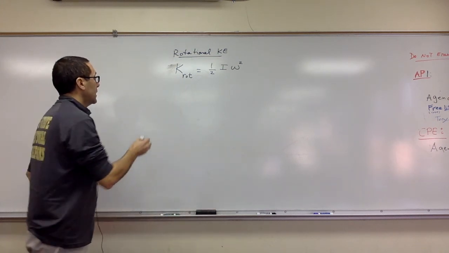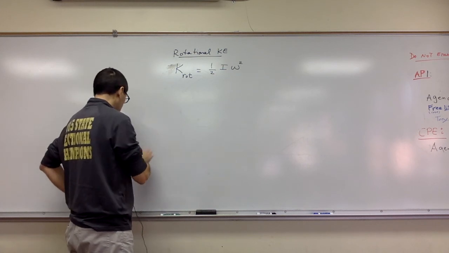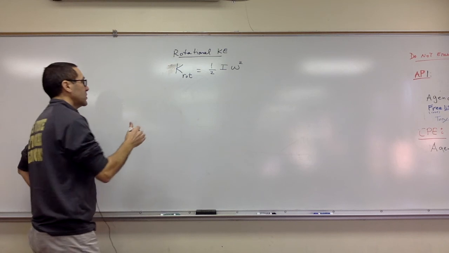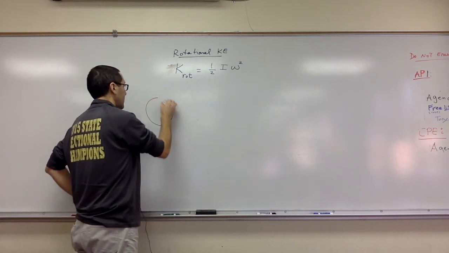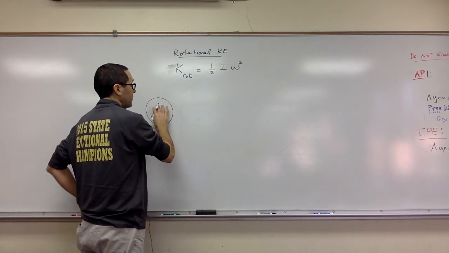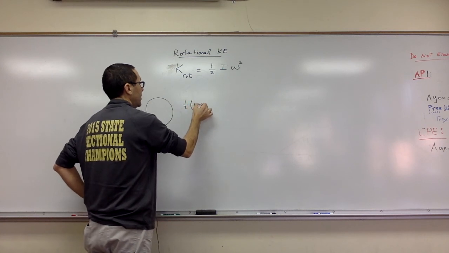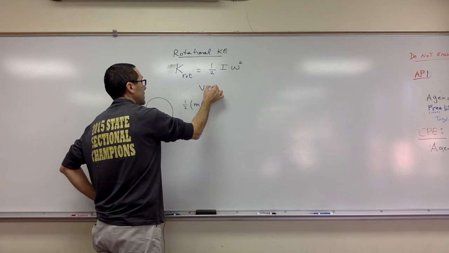All right. Now, I'm going to do a shortcut here to show you there is a relationship between rotational kinetic energy and translational for some objects. So I'm going to take a hoop, and I'll do it for all the other ones. Rotational kinetic energy for a hoop: it's 1/2 I omega squared, where I for a hoop is m r squared, and v is r omega.